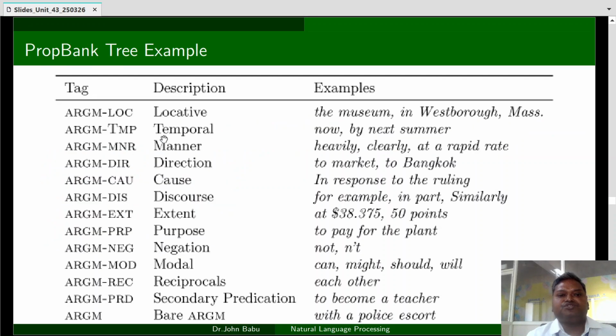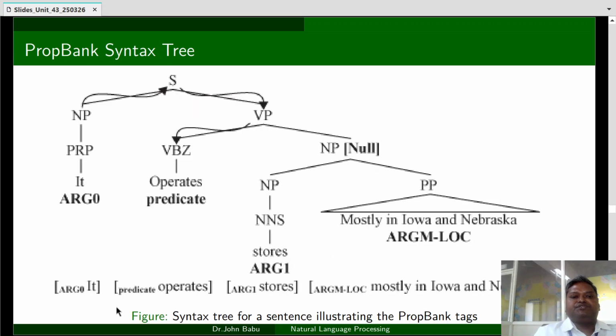So these are the list of all that: LOC location, TMP time, MNR manner, DIR direction, CAU cause, DIS discourse, EXT extent, PRP purpose, NEG negation, MOD modal, REC reciprocal, PRD secondary predication.